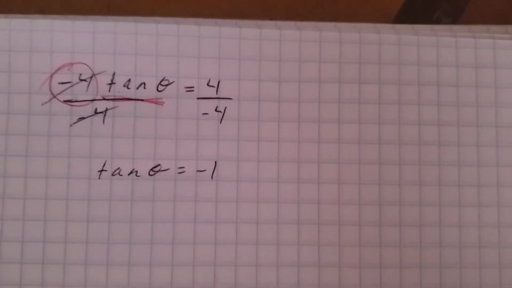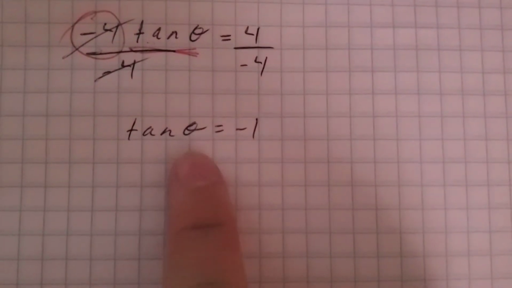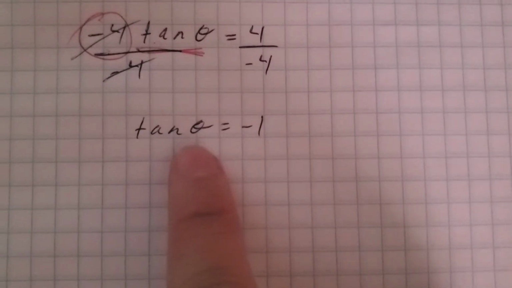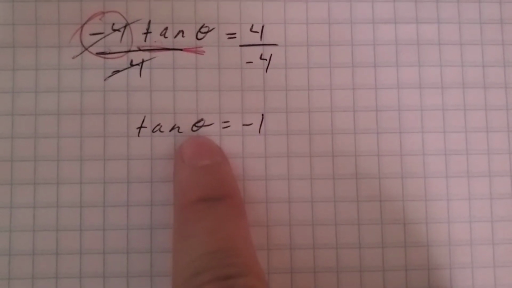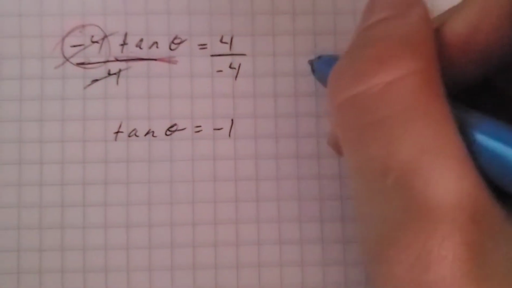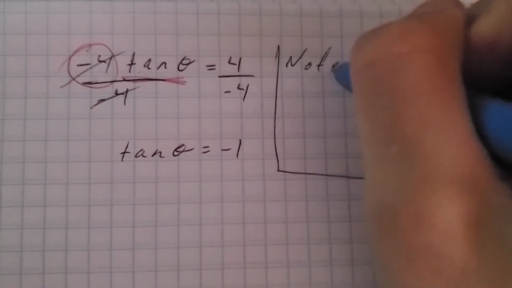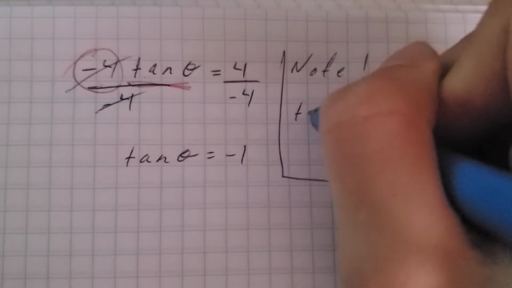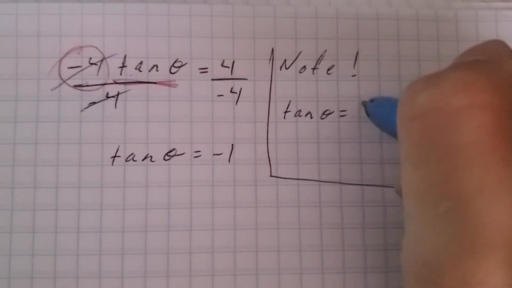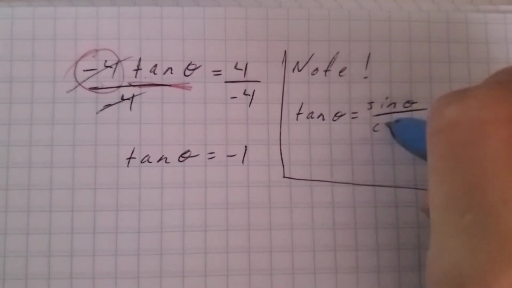Now here we have to use our unit circle. We want to look for a place where tangent of theta equals -1, because we want to find this value of theta. A little note on the side: tangent of theta is equal to sine of theta over cosine of theta.